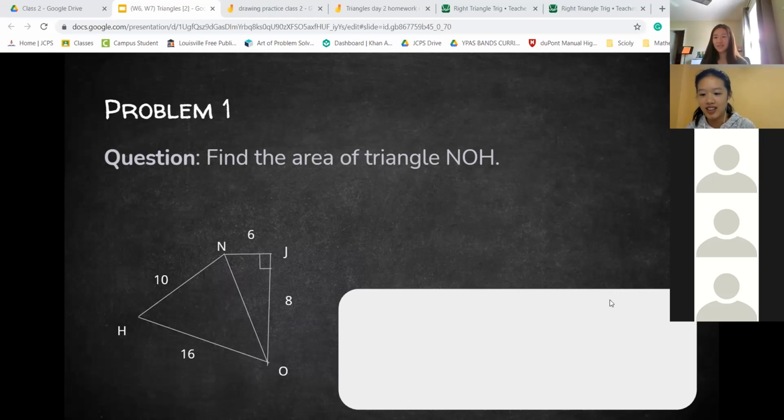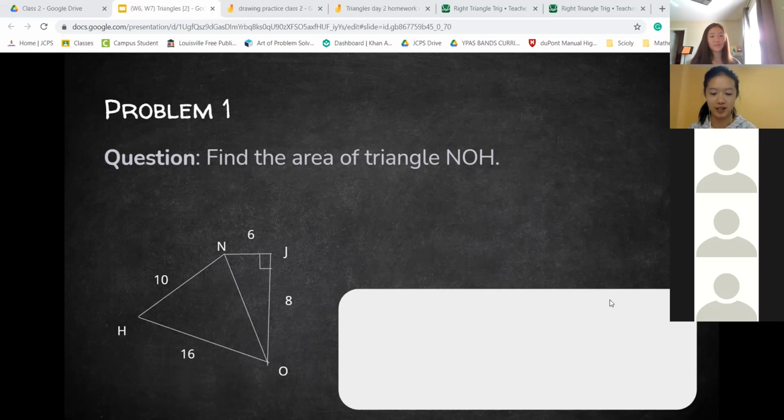As a hint, what do you need in order to find the area of triangle NOH? Yeah, you need to find the length of line segment NO. So you would use the Pythagorean theorem to solve for line segment NO because it's just 6 squared plus 8 squared.